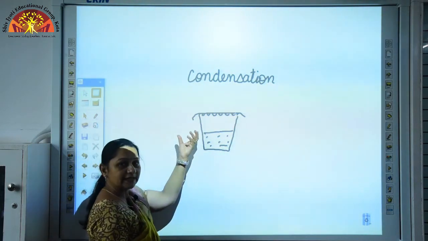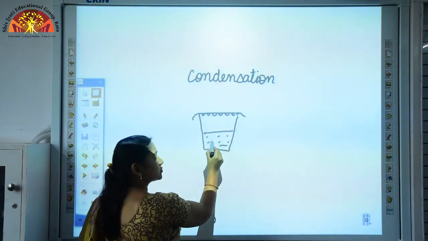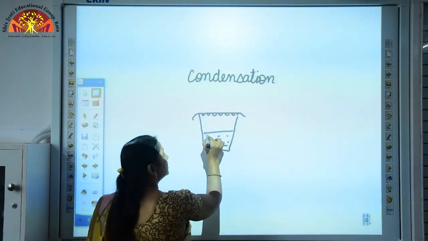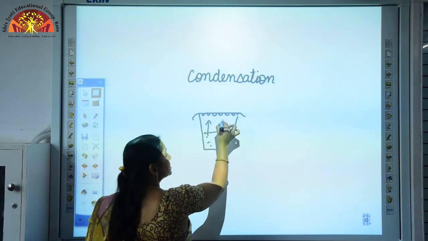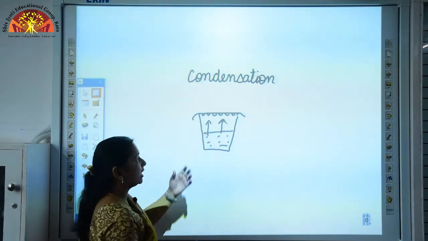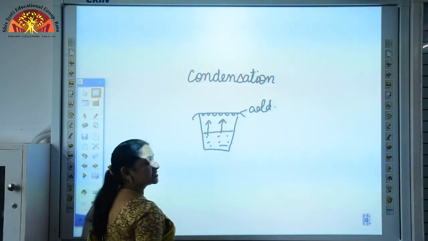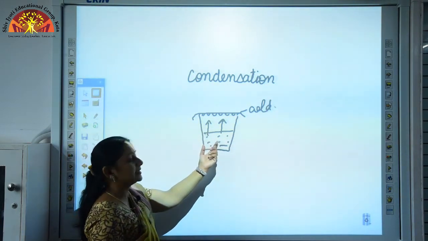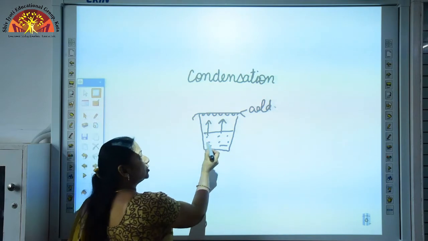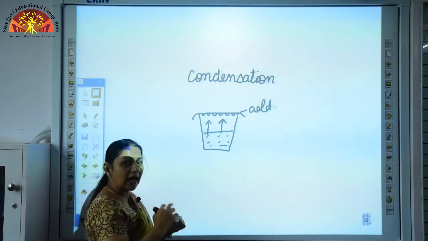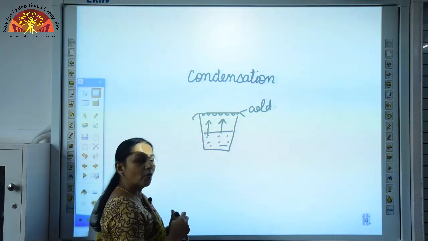Why did this happen? When this water was hot, the vapors which rose up came in contact with this plate, and as this plate was cooler than this water, the water vapors have turned back into water.